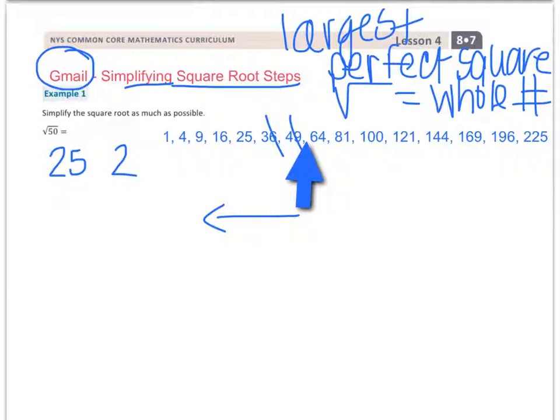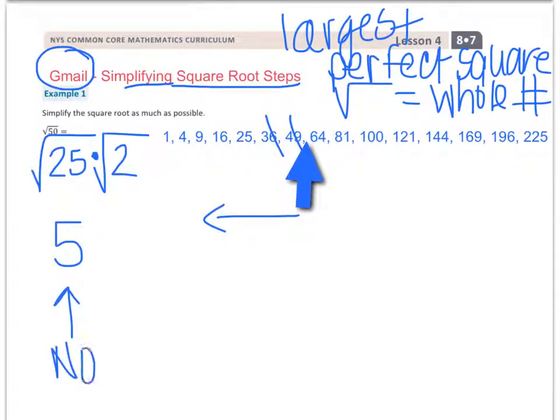Step 3, you have to give them their own square root symbol. And notice how there's no operation in between. I could put a little dot for multiplication, however, that's not really necessary. So now I'm going to actually do the square root of 25. If you plug in the square root of 25, what do you get? You get the whole number 5. Notice how there's no square root on that.